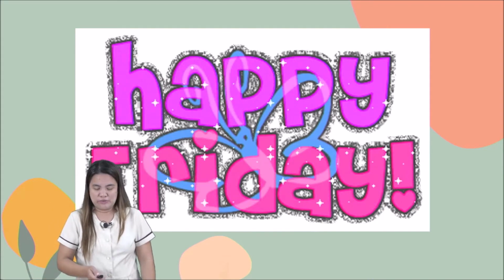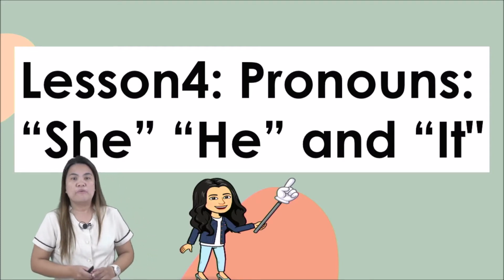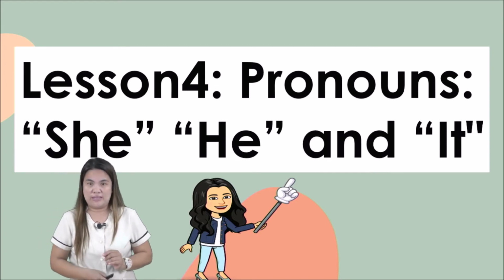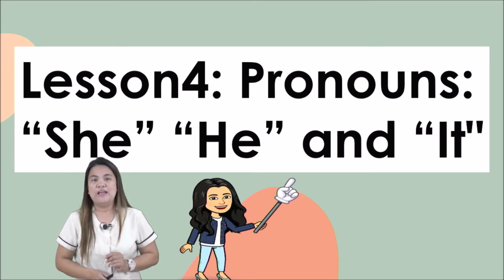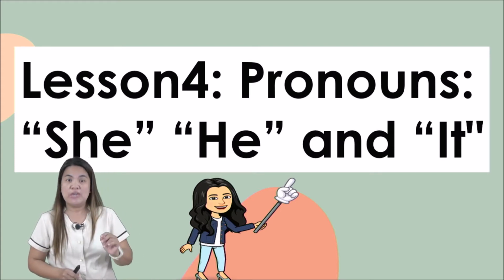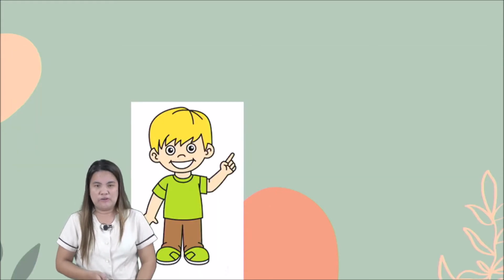Okay. So our lesson for today is lesson 4, pronouns: she, he, and it. Okay? Again, lesson 4, pronouns by using she, he, and it. So let us see this boy.